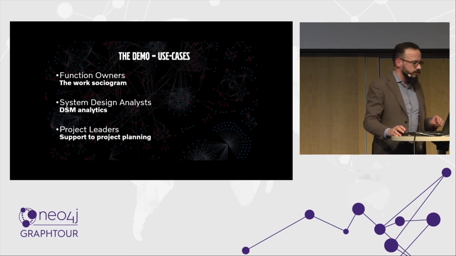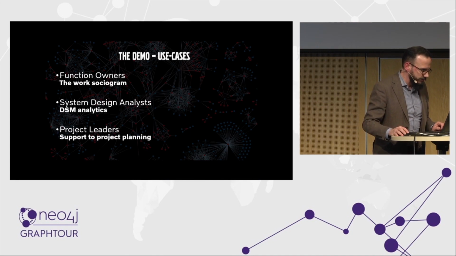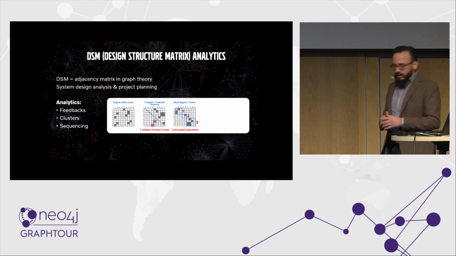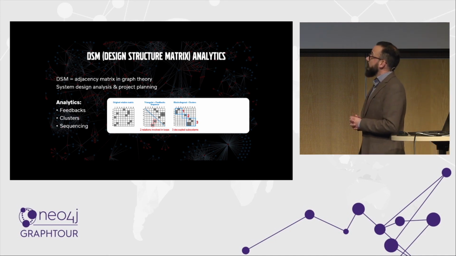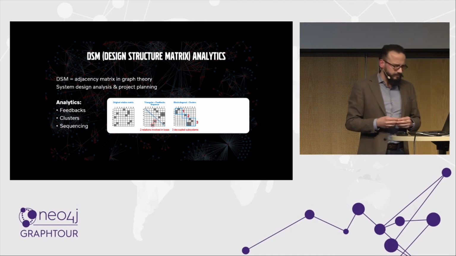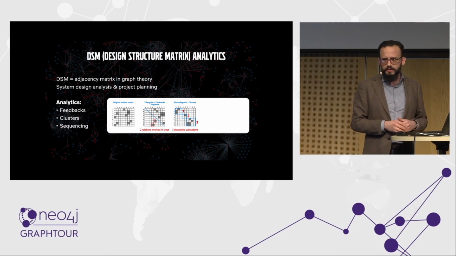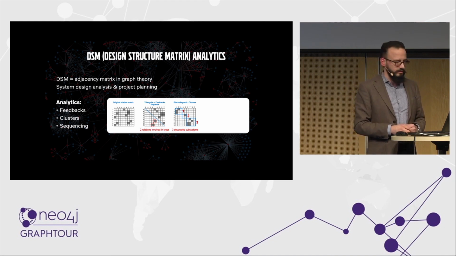Yeah, so from the system design analyst perspective, what can we do here? We can do DSM Analytics. DSM stands for Design Structure Matrix, and it's basically the adjacency matrix of your graph.